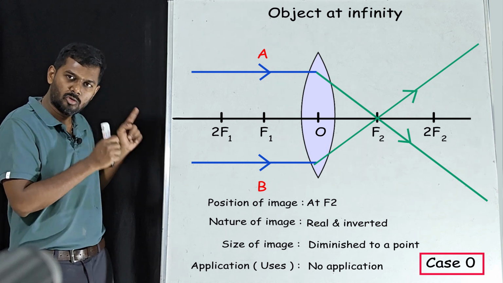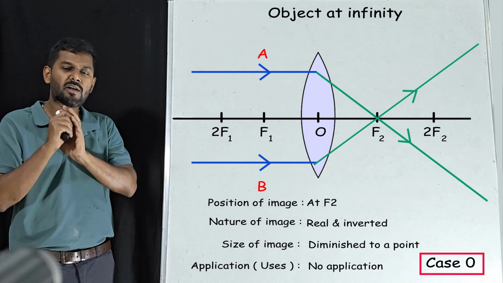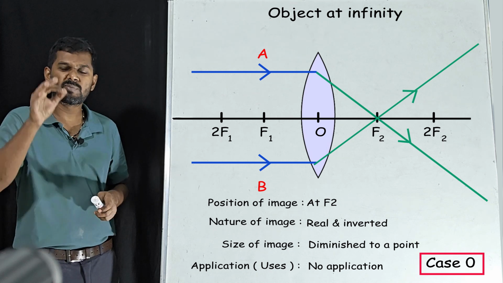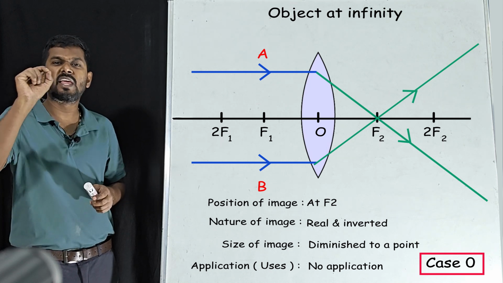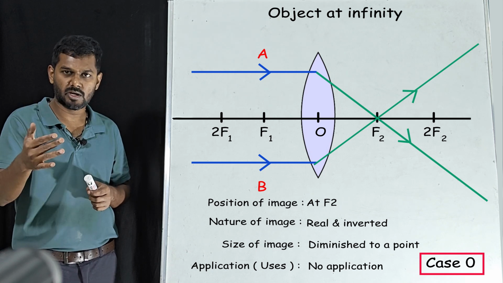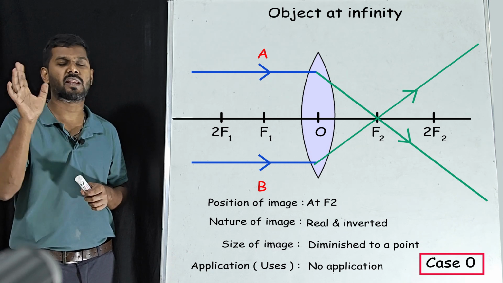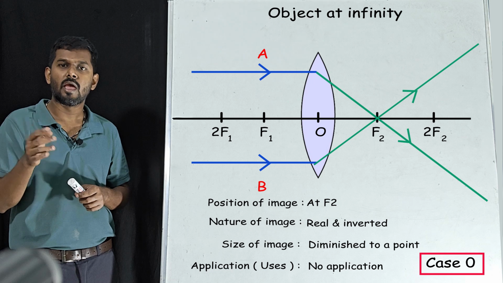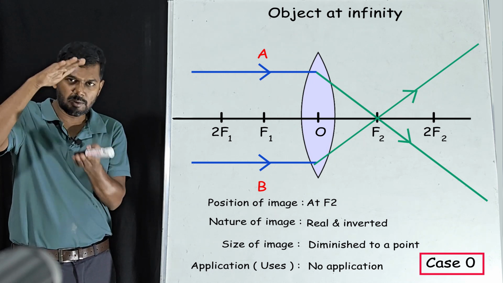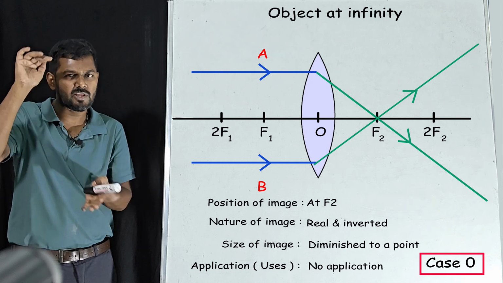If you write all these three properly, you will get complete marks. If they are specifically asking just the nature of the image, nature means whether it is real and inverted or virtual and erect. If they are talking about size, it means whether it is magnified, diminished, or the same size as the object.